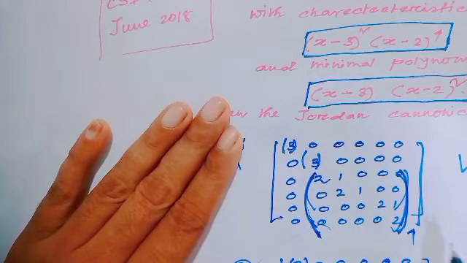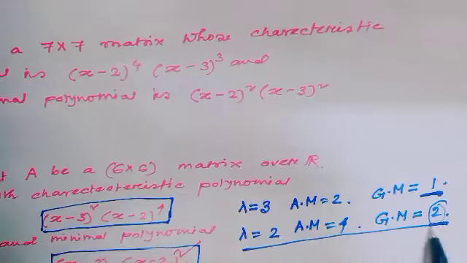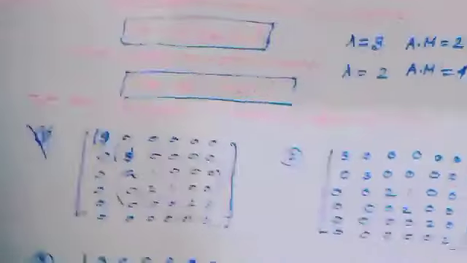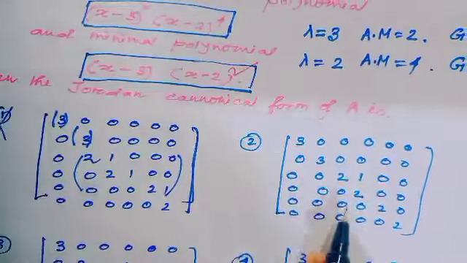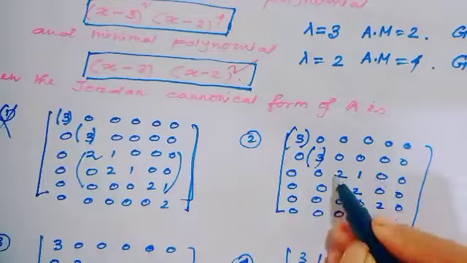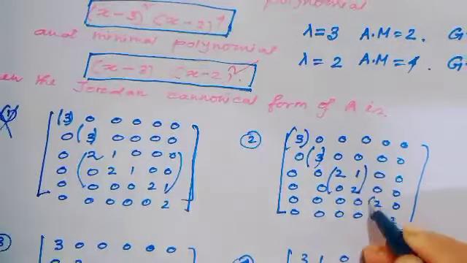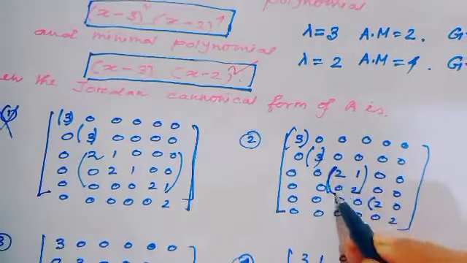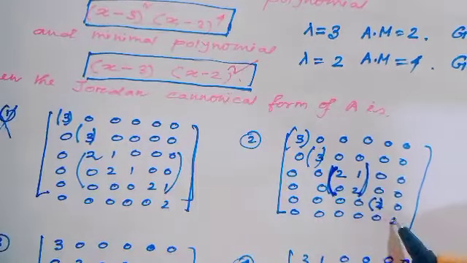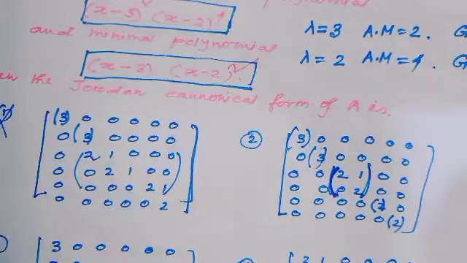So this is not possible, because for lambda equal to 2, the highest possible Jordan block is 2. Now notice the second option. Here the highest possible Jordan block is 1. Sorry, here the order of the Jordan block is 2. Here 1. Here 1. Okay.